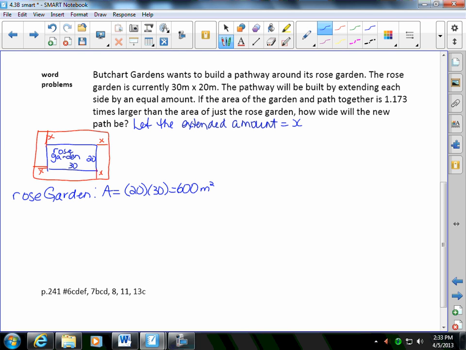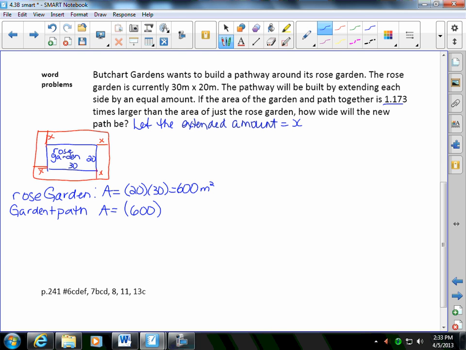They told us the garden with this new path that they're putting all around it. Our area for that is going to be the 600 meters squared from the original dimensions of the garden, and they tell us here that it is 1.173 times larger than the area of just the rose garden.